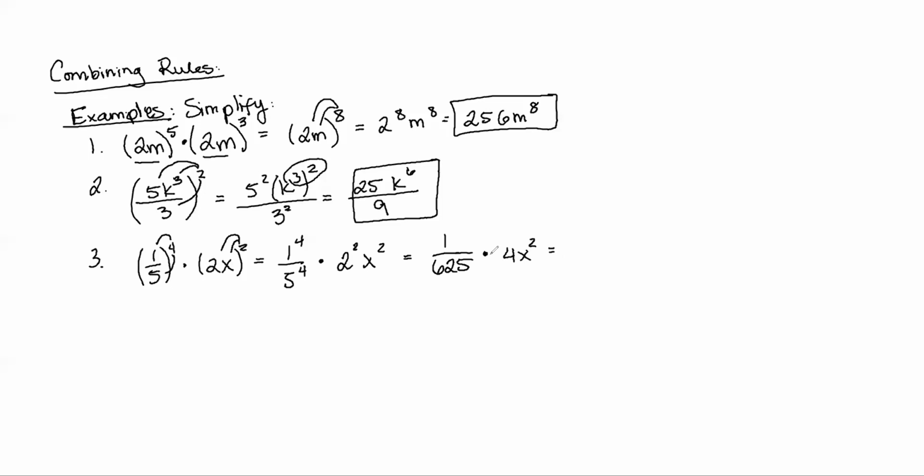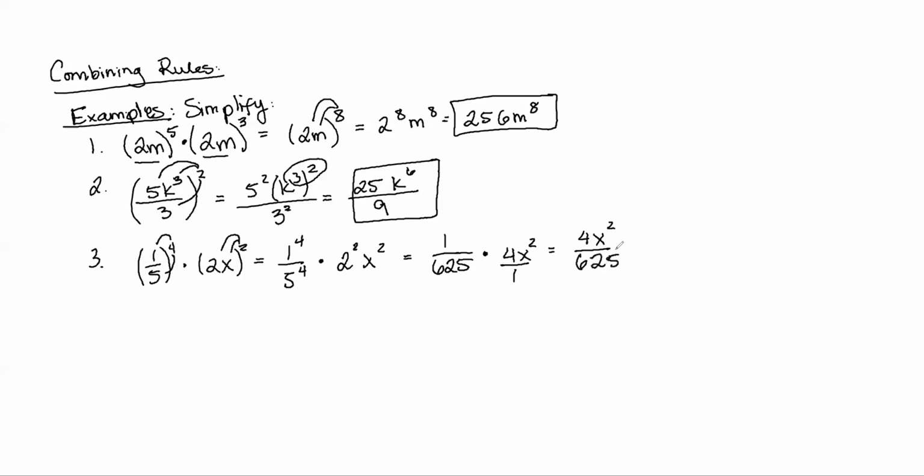And these aren't the same base, but we're not talking about exponents anymore because this first one doesn't even have one. We're just multiplying two regular terms together. So just remember, if you're multiplying by a fraction, I'm going to make this 4x squared over 1, multiply straight across. So we get 1 times 4x squared is 4x squared, and 625 times 1 is 625.